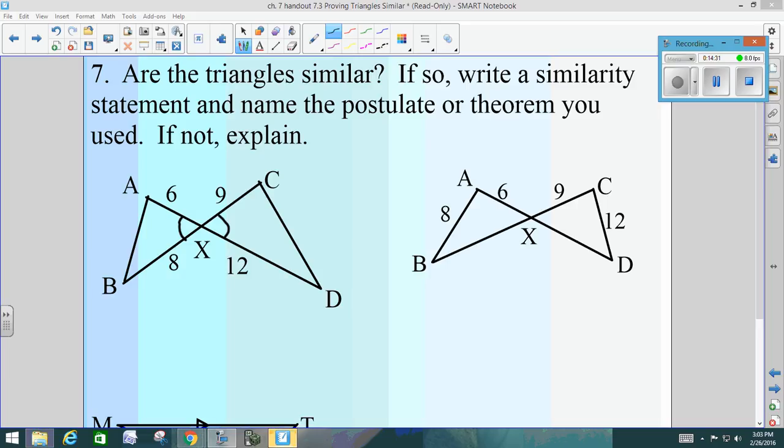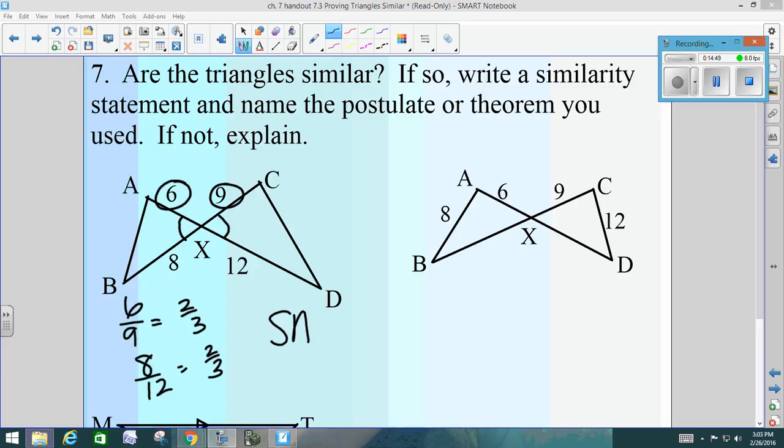So 6, my smaller side, would correspond with what? 9. 6/9 reduced by 3 gives you, and then 8/12 reduced by 4, and you get, so are these triangles similar? Yeah, by which of our 3 ways? Good. Side angle side. Triangle AXB is similar to triangle CXD. Maybe yours was right, your similarity statement.